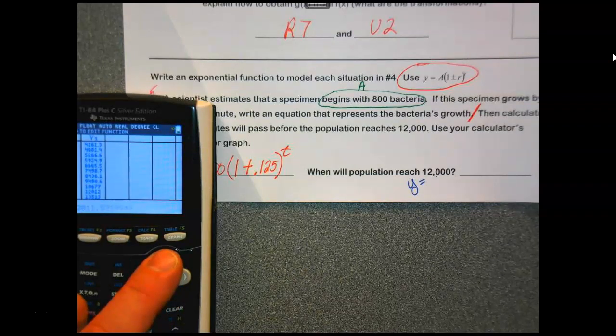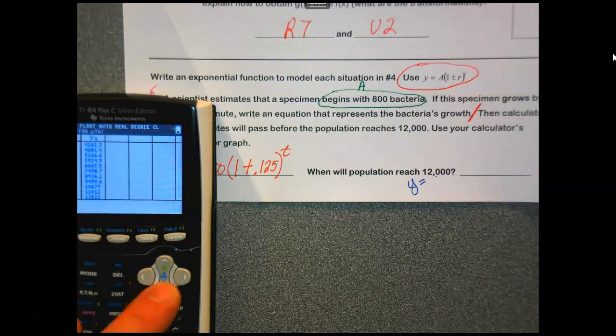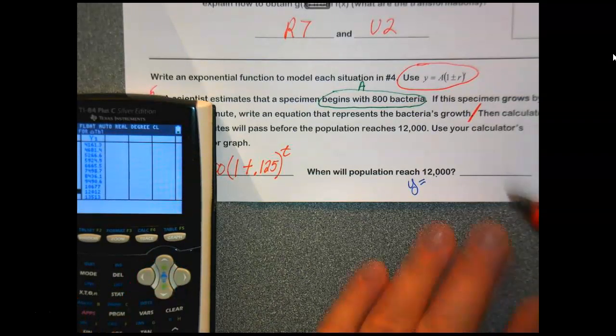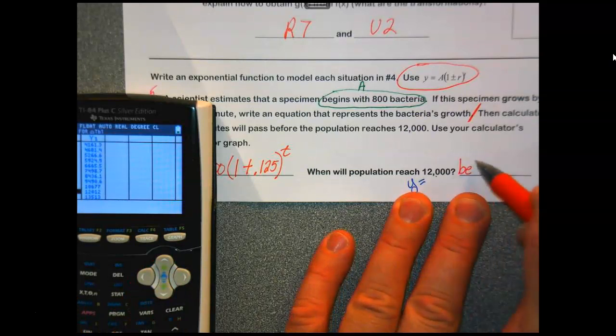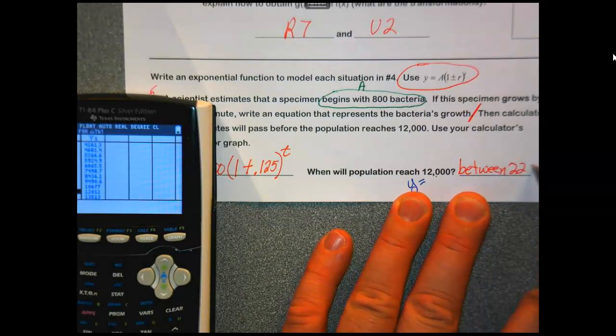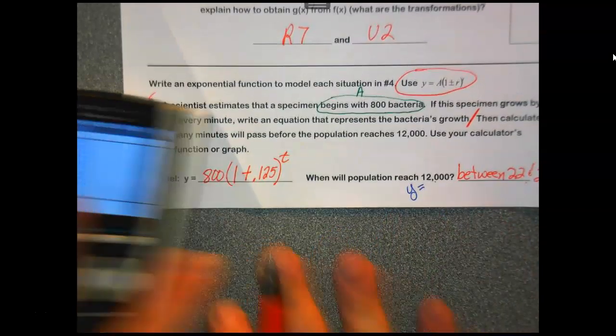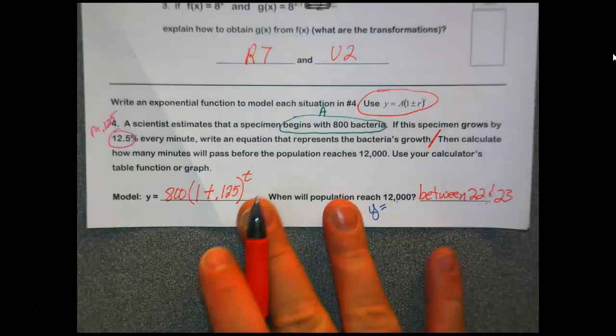Oh, there it is. 12,012. So between the years 22 and 23. Questions?